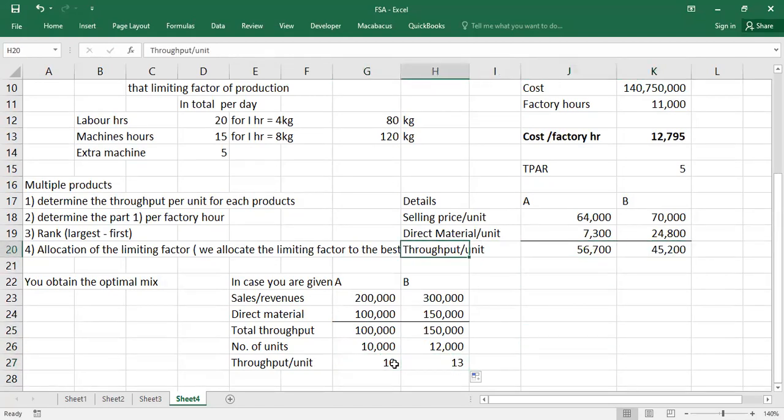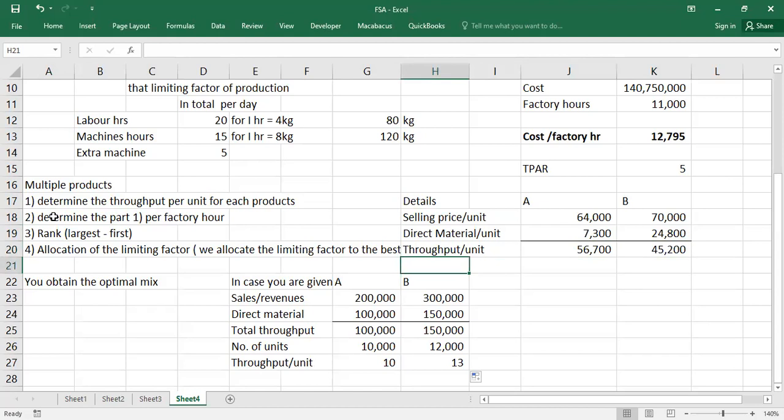So we continue. Now, first step is determine throughput per unit. The next step is to determine throughput per unit per factory hour. This throughput that you have here per unit, you're going to get it as per factory hour. So how do we go about that?